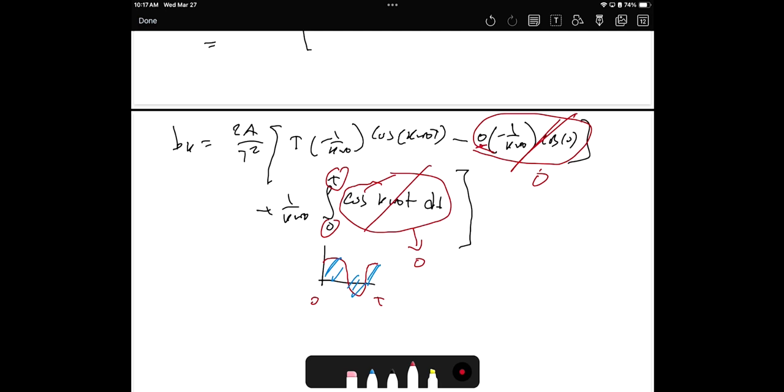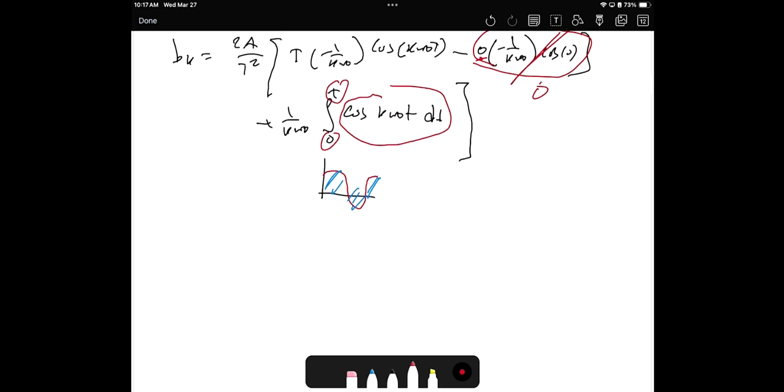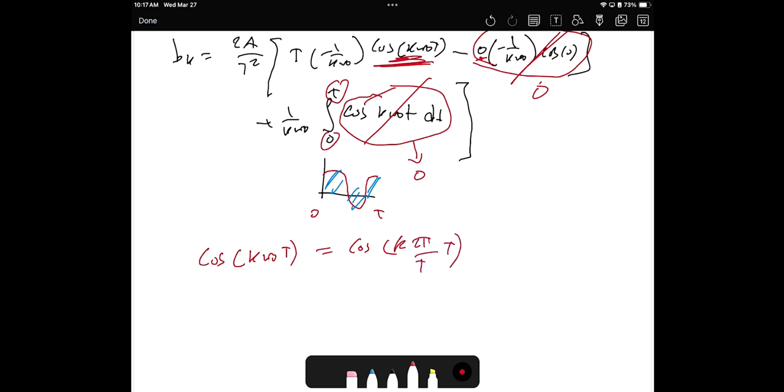Then the remaining element, which is cosine k omega naught t. Let's think about what cosine k omega naught t is. In other words, it's cosine of k times 2 pi over T times t, or in other words, cosine of k 2 pi.